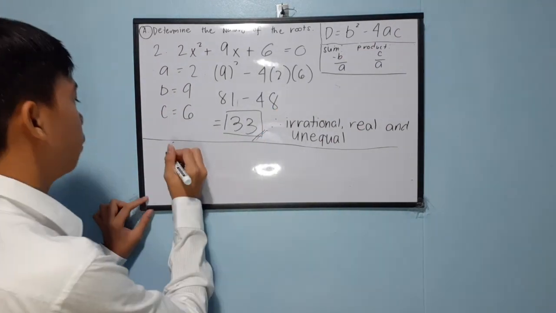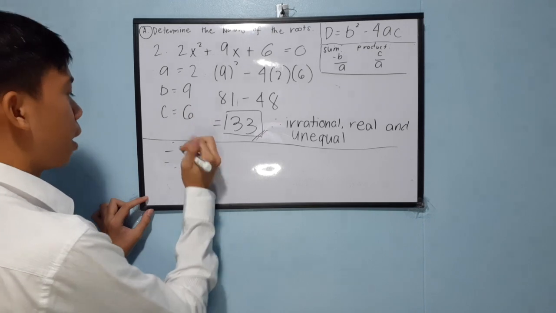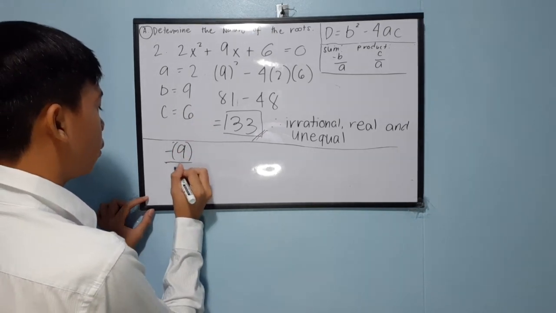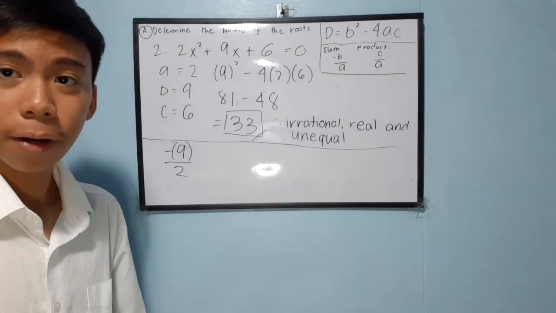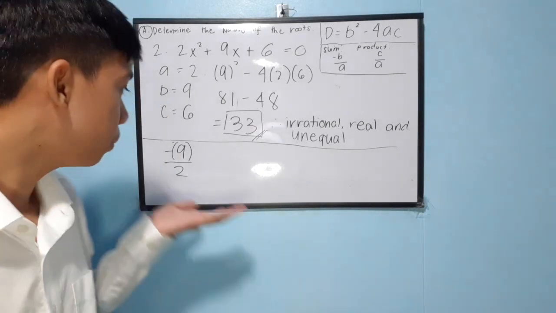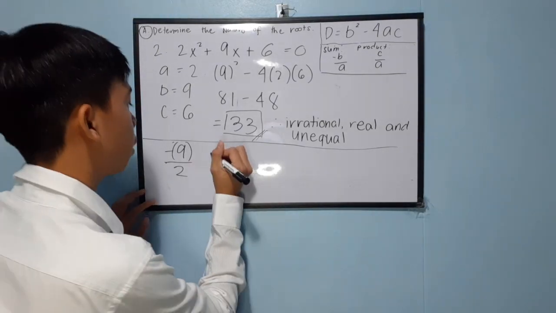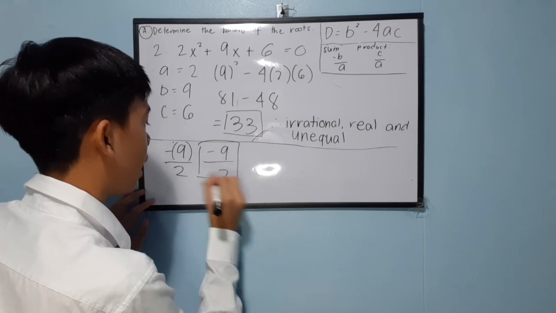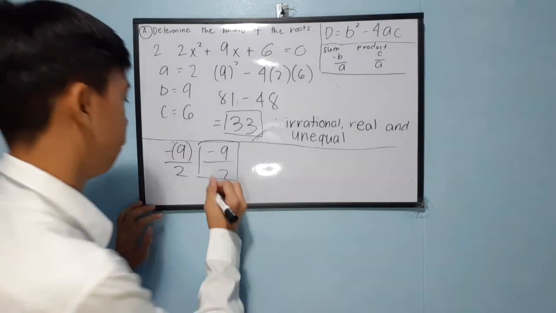So negative and then put 9 over 2. If you divide this by 2, this will still be the answer. So now we're going to put this as the final answer for the sum.